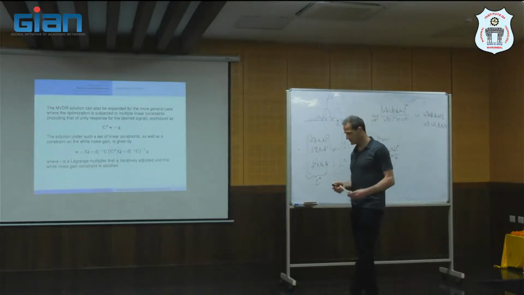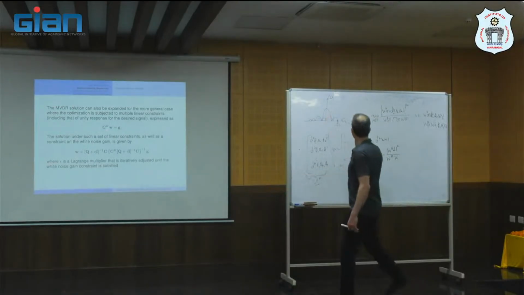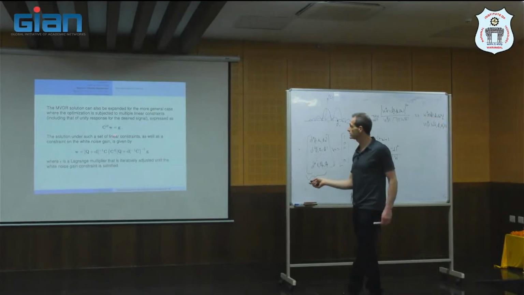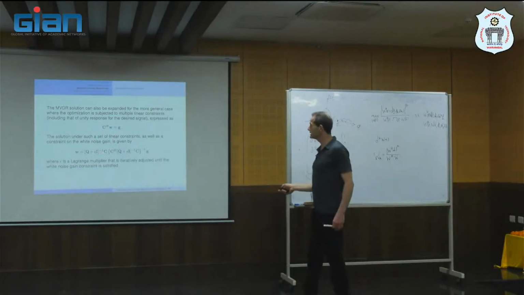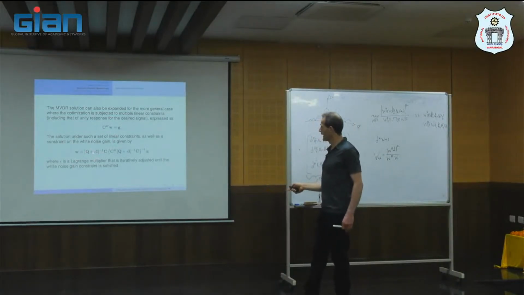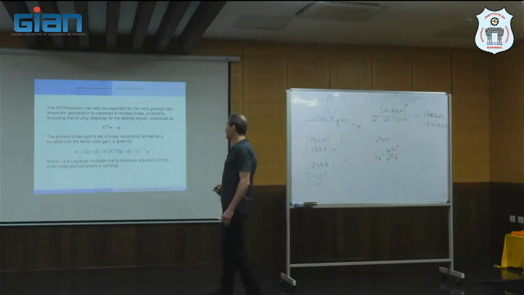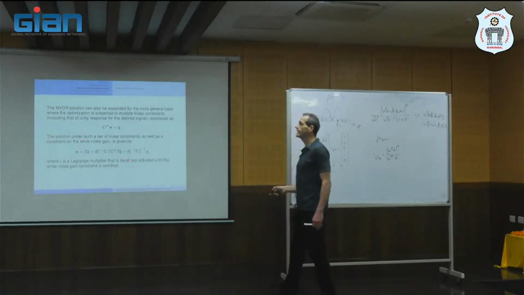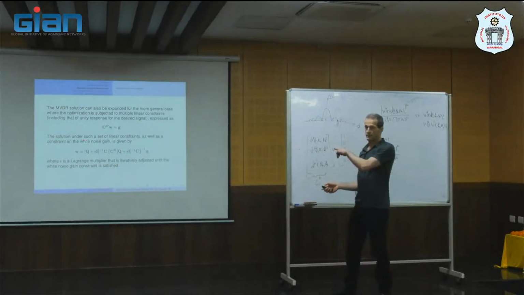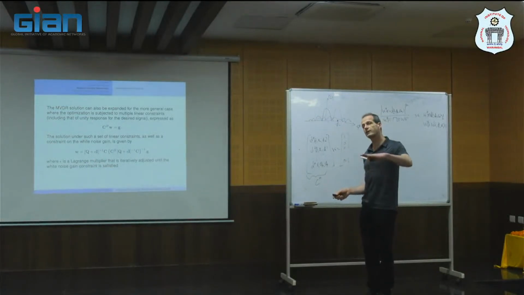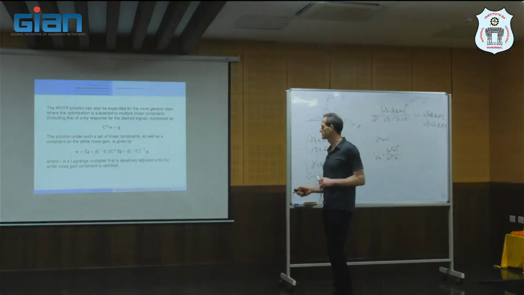Suppose that we want to minimize this denominator subject to this linear constraint. So this is the solution, and we can put some epsilon here, which is larger than 0, such that it will also satisfy the constraint and the white noise gain.